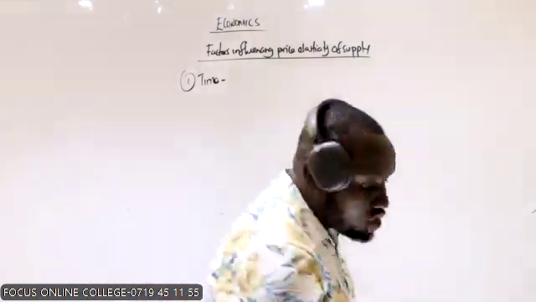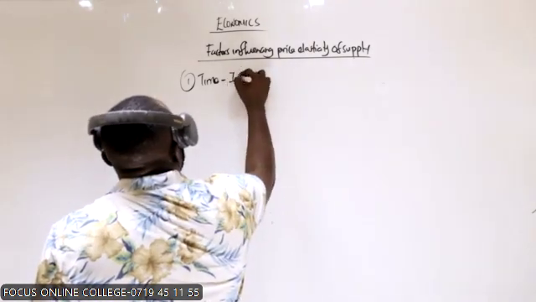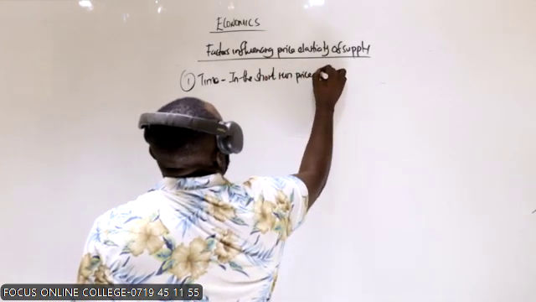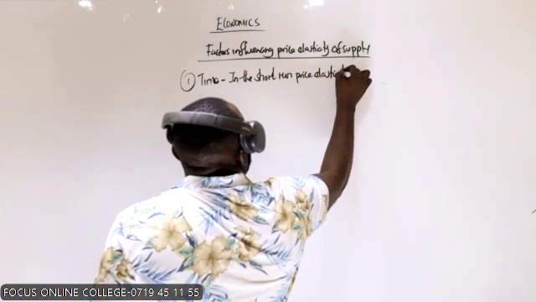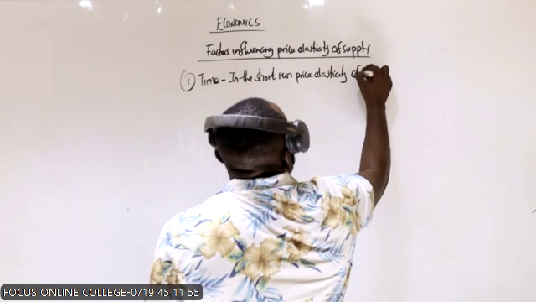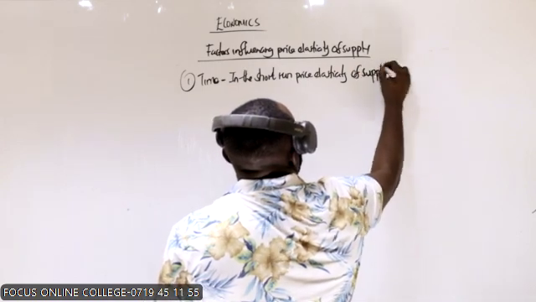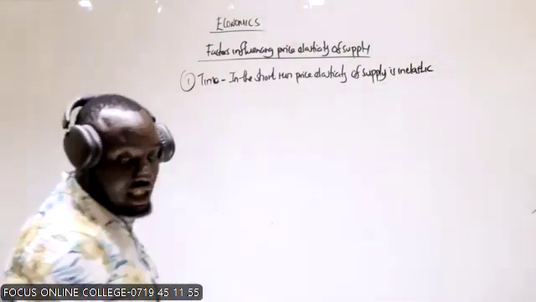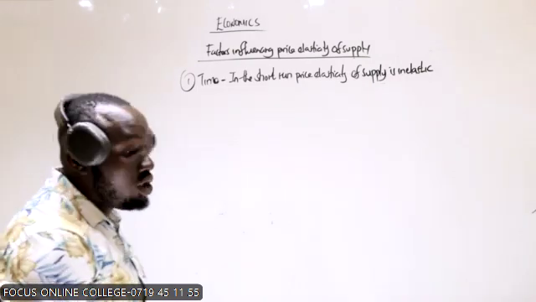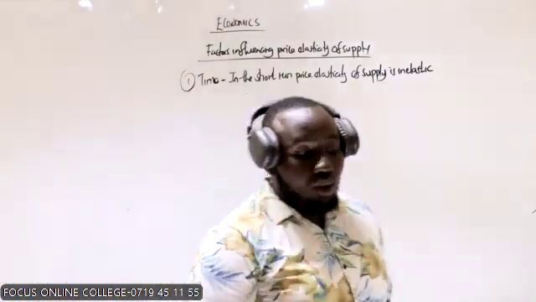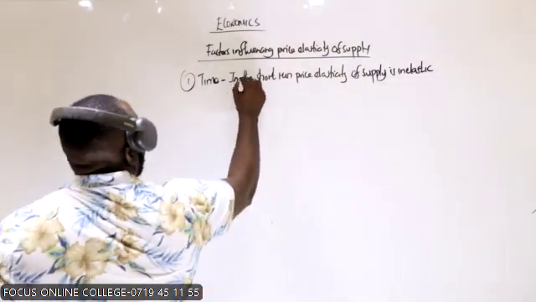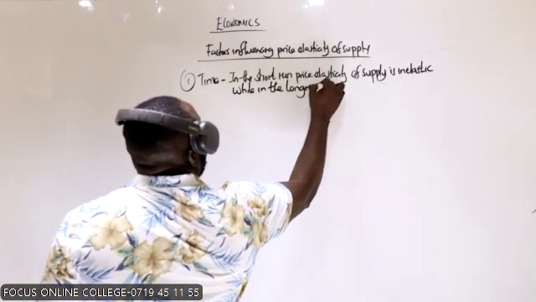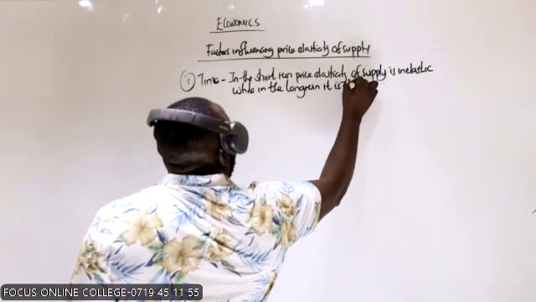Perfect. So in the short run, price elasticity of supply is inelastic, while in the long run, it is elastic.